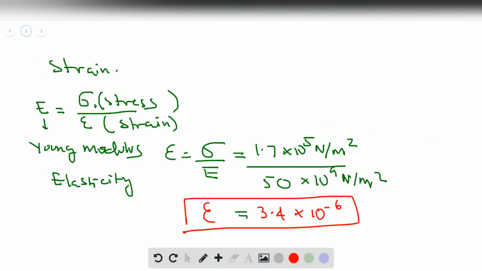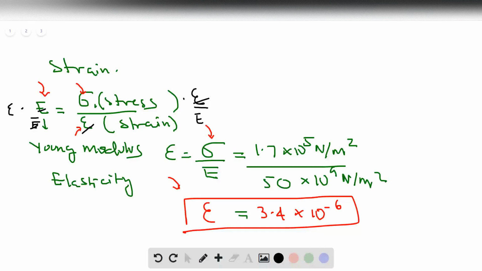And then we use Young's modulus to compute the strain. Young's modulus relates the stress to the strain. We rearrange the equation by multiplying both sides by the strain and dividing both sides by Young's modulus. So these two cancel and these two cancel.